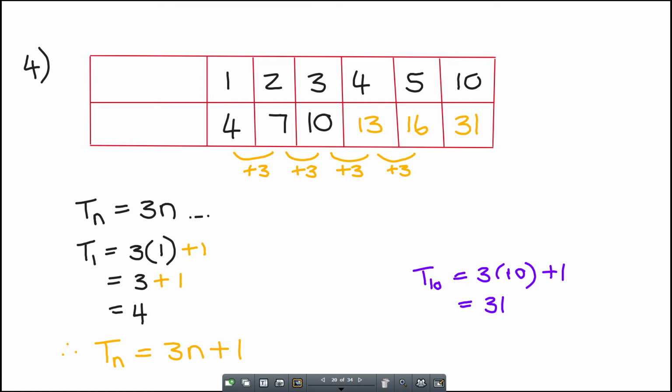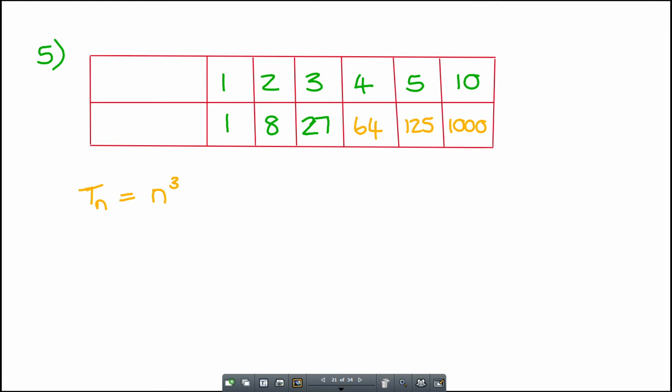Right, any questions here? No. Okay. Over here, there isn't really a lot to be shown. What I saw is there wasn't a constant difference. So there wasn't the same number being added or subtracted throughout. So what I want you to see is that term 1 was 1, term 2 was 8.